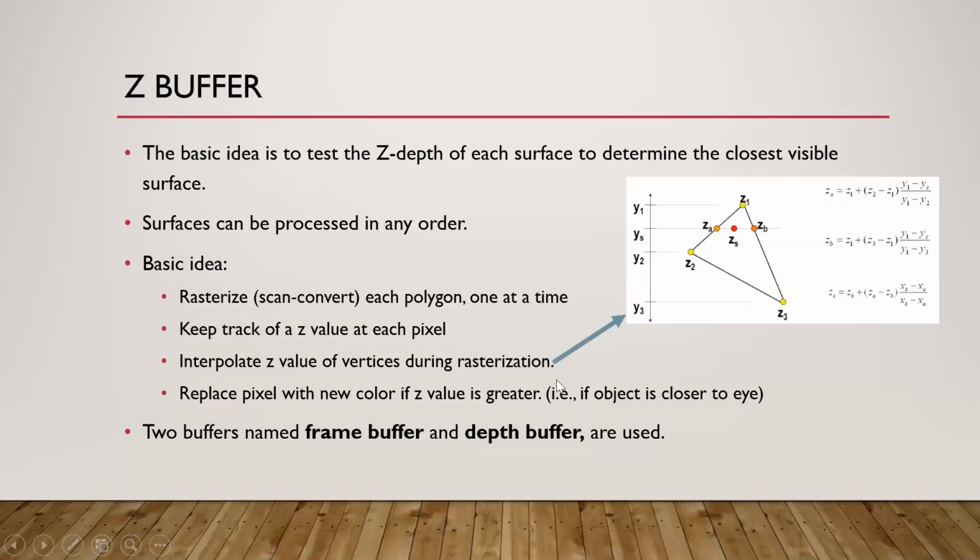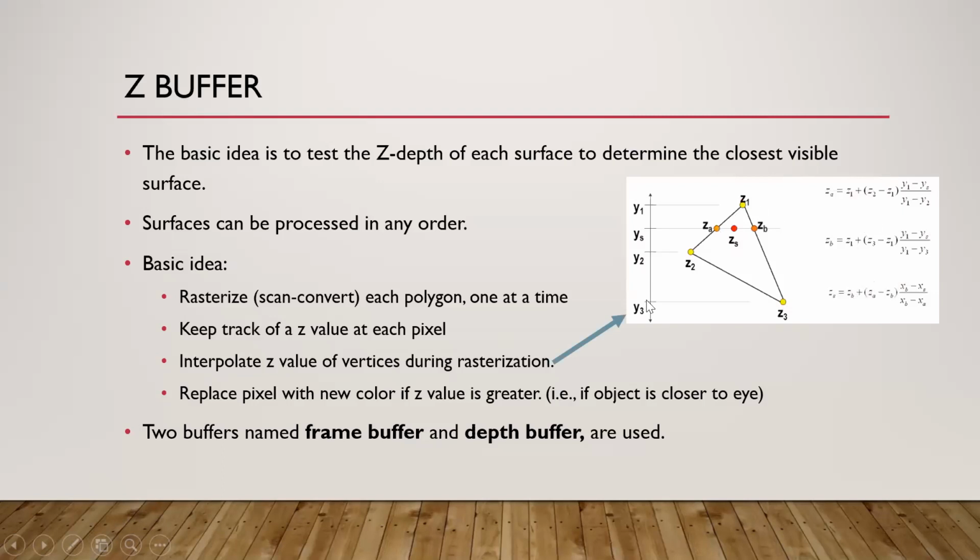Now, you have this particular polygon face where the z coordinates of the vertices are z1, z2, and z3. How are you going to get the other z values? You interpolate the z values of the vertices, based on the formula given on the right side.